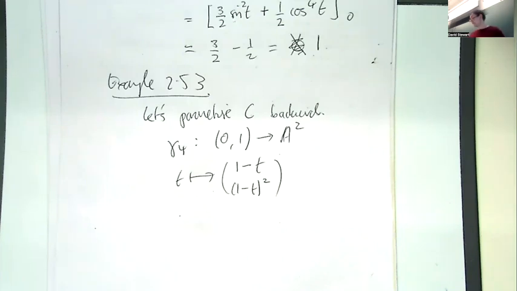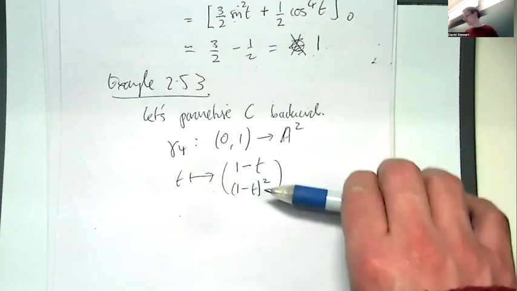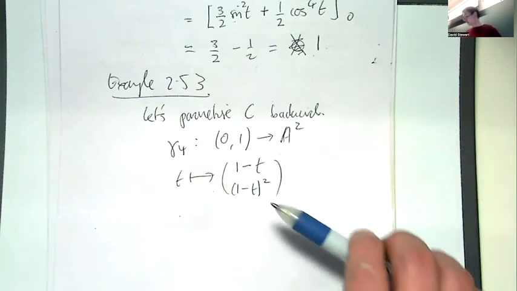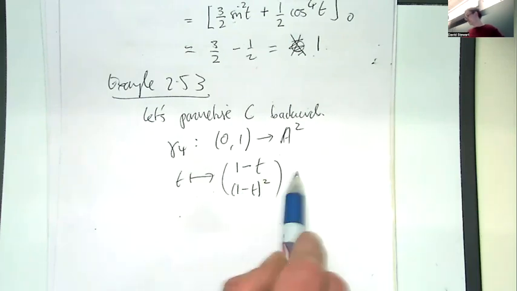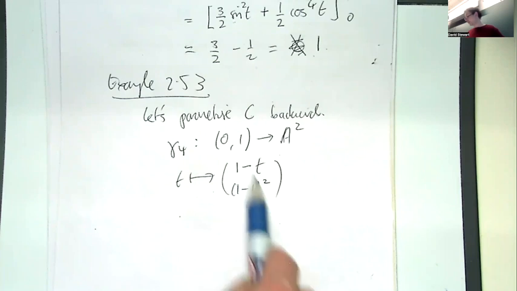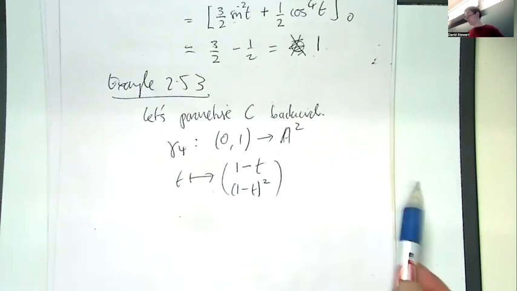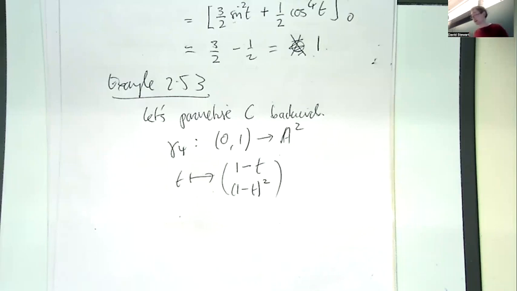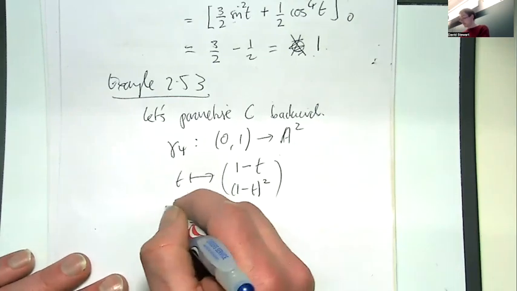So again, we've got the same curve because we want to know that y equals x squared, which it does, and that we get the same values of x and therefore y occurring. And we do because we're just going from 0 to 1 this way, 1 to 0 that way, and they are the same. Right, let's compute the integral again.